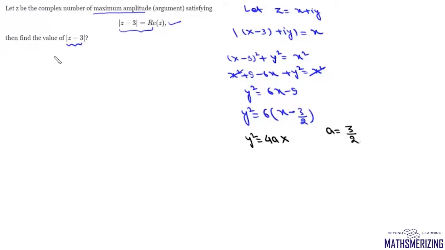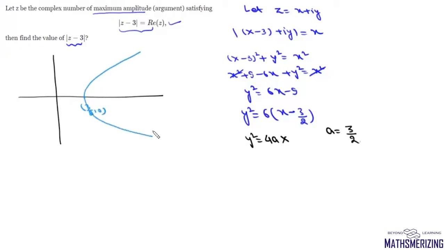So we'll draw this parabola. Now on this parabola, we need a point Z having maximum amplitude. We know that amplitude is nothing but the angle that a point makes with positive real axis.